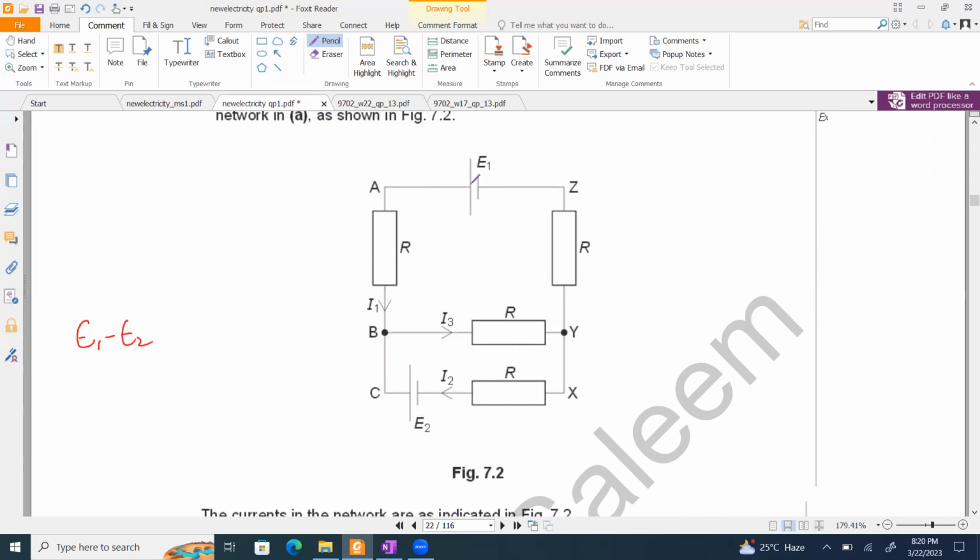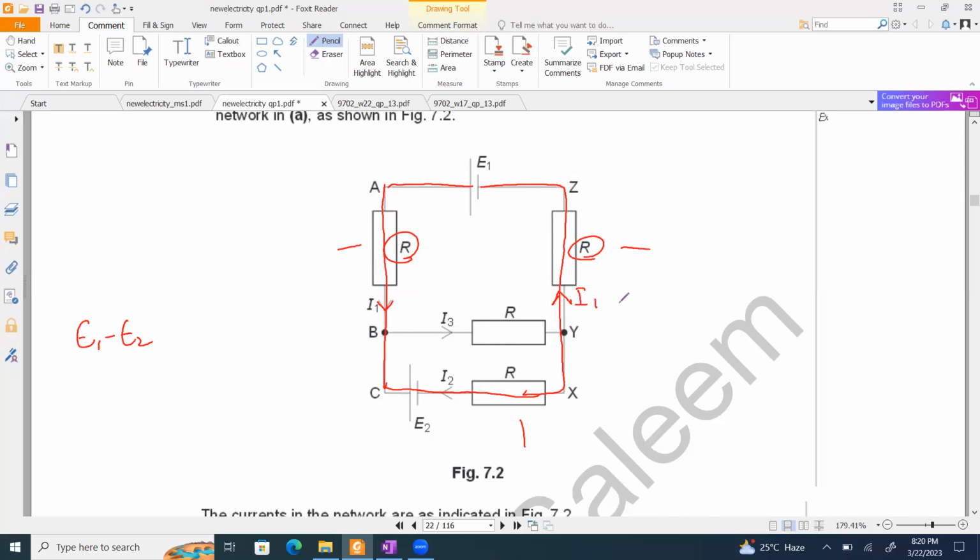And only on this path, we have to see the load resistors. There are three load resistors, 1, 2, and 3. Through this one there is current I1, and even through this one there is current I1, right?